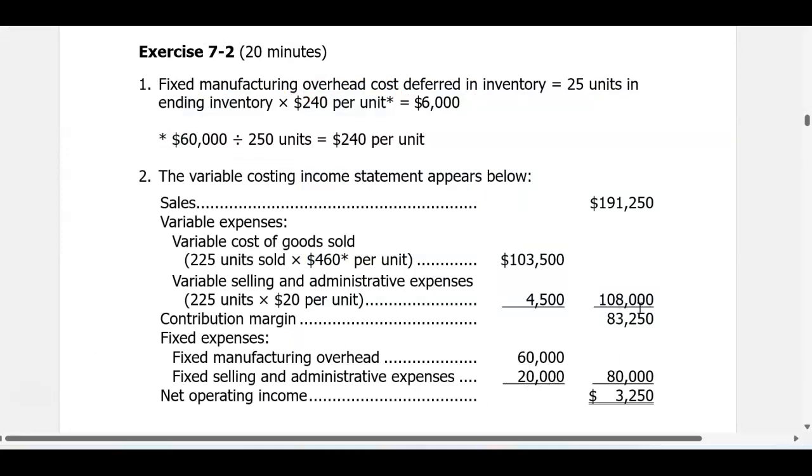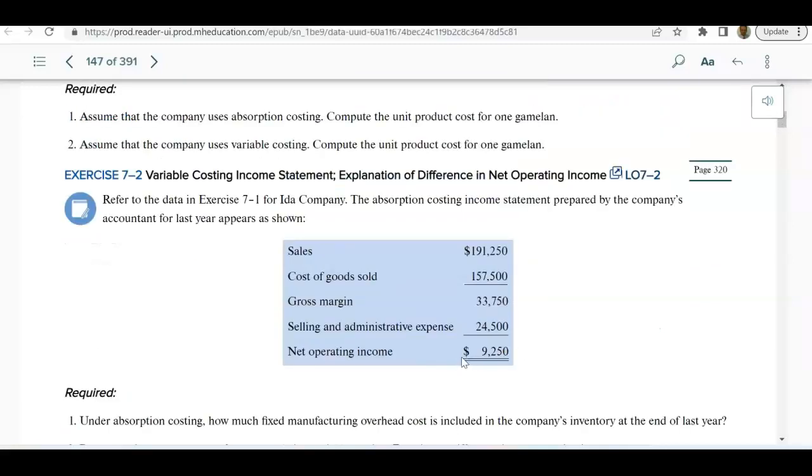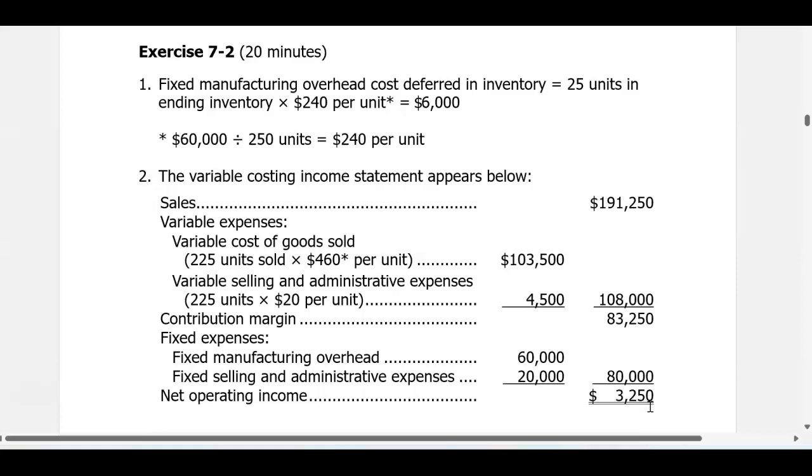So contribution margin, it's a dollar amount that will help us to pay all fixed expenses, and that's $80,000. So that gives us a net operating income of $3,250. And as you see, compared to absorption costing, the net operating income will be much less, okay? Much less, because under absorption costing, we have higher, and under variable costing, the net income will be less.